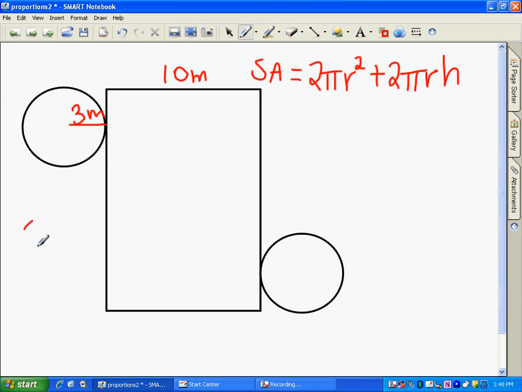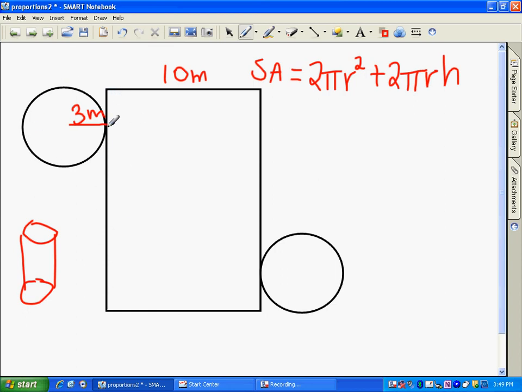If you can imagine the cylinder being rolled up, you've got your 2 circles, and then you've got that rectangle that wraps around the middle. This edge is going to wrap all the way around the circumference of the circle, which will be the length of this side right here.